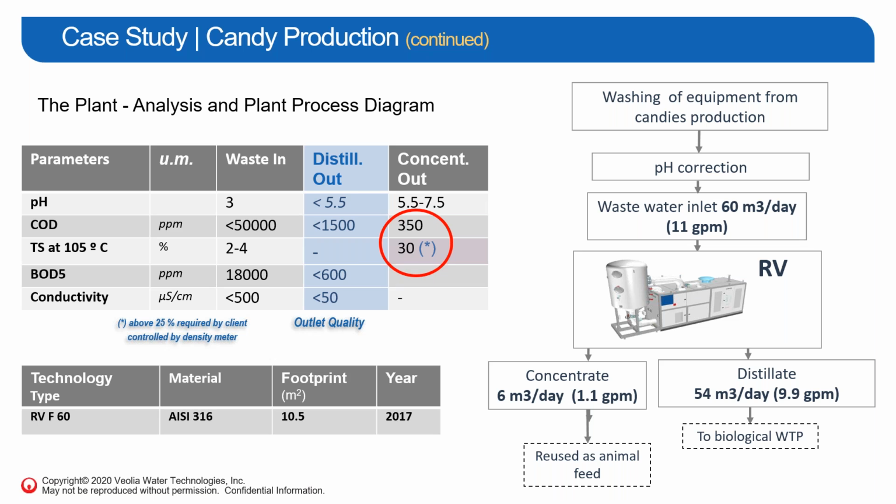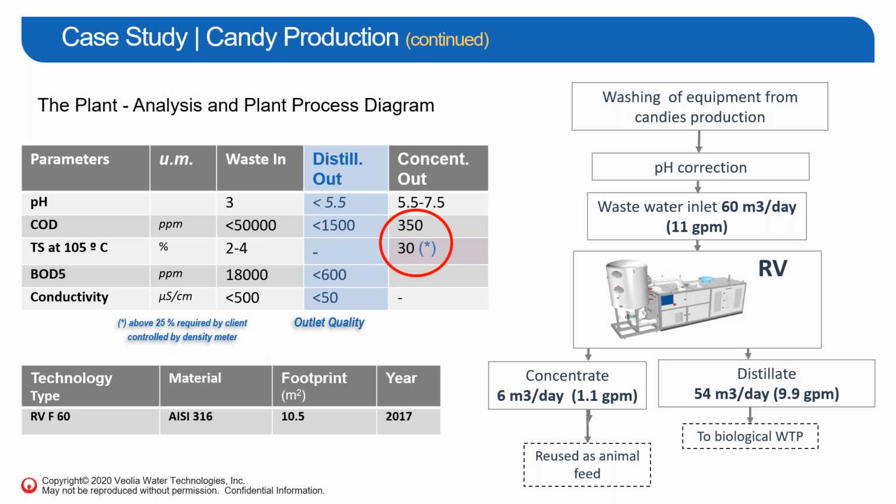So with Evalet, just with a small pH correction in order to keep all the COD and all the main critical components in the distillate, we added a pH correction. In this particular case, we had a total solid of around 3–4%, and mainly it was sugar.